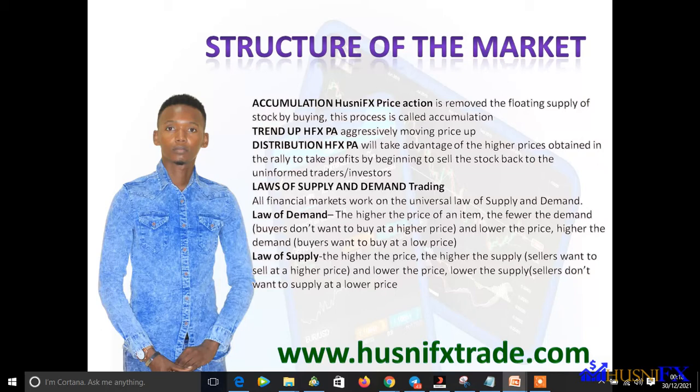And with the law of supply, the higher the price, the higher the supply; sellers want to sell at a higher price, and the lower the price, the lower the supply; sellers don't want to supply at a lower price. I think this gives you a basic understanding of the laws of supply and demand trading.